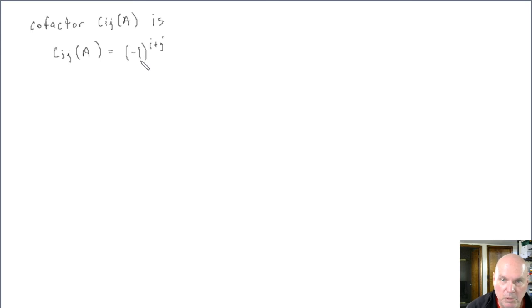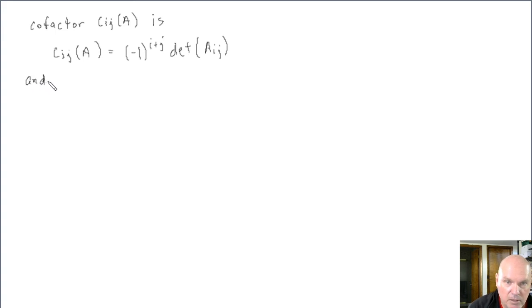So this term will always be either -1 if i plus j is odd, or it will be +1 if i plus j is an even number, times the determinant of A_ij. A_ij is a smaller matrix than A. If A is n by n, A_ij will be n-1 by n-1.